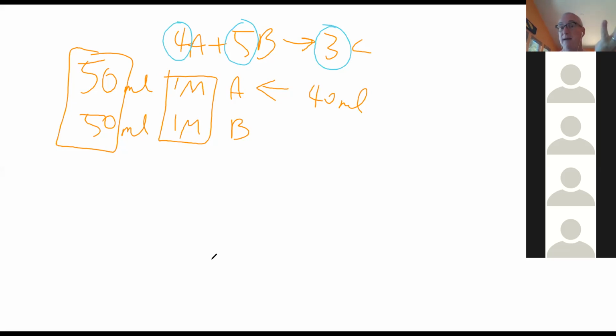That's what they mean. And so remember, when we multiply a volume times a molar concentration, molar means moles over liters. So if we multiply liters by concentration, we're left with moles.